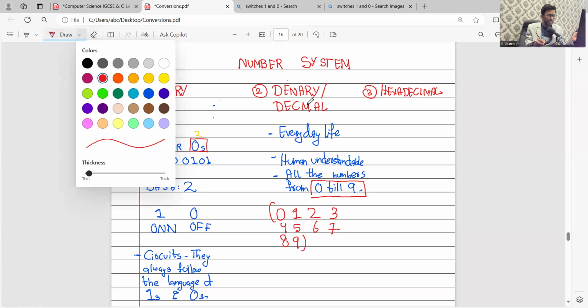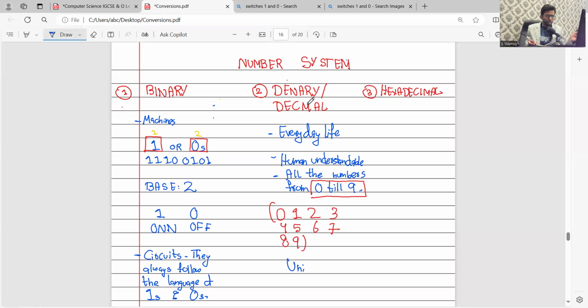The reason it ends at 9, not at 10, is that all of these numbers are unique within themselves, and all the numbers in the world, you name it, any number is constructed from this series.